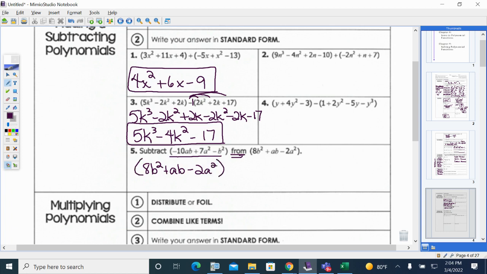So with subtraction, order does matter. Make sure that you list them in the correct order. And then, of course, make sure that you distribute that negative 1.